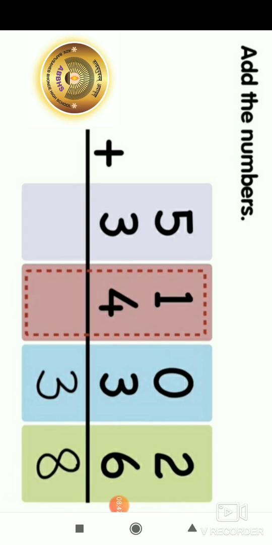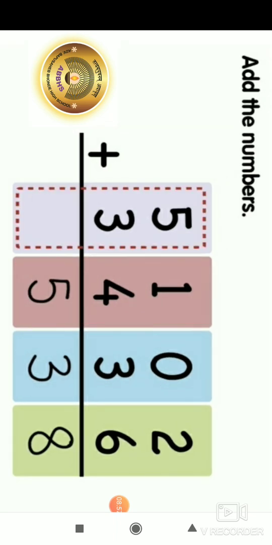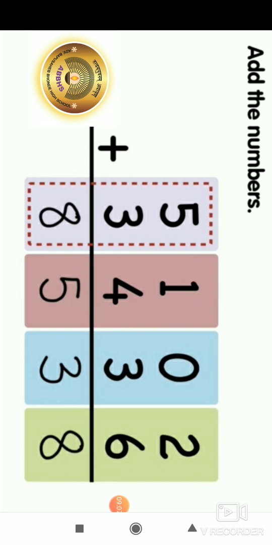Which digits are there? 1 and 4. So 1 plus 4 is equal to 5. In the same way we will add the thousands place. The thousands place digits are 5 and 3. So 5 plus 3 is equal to 8.